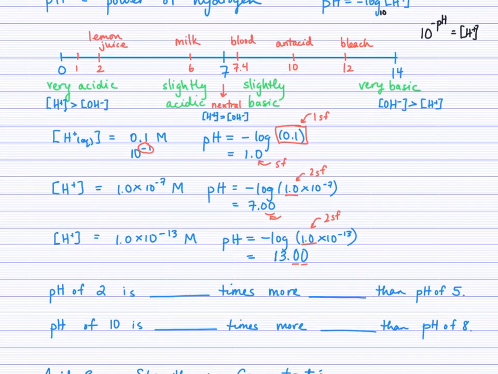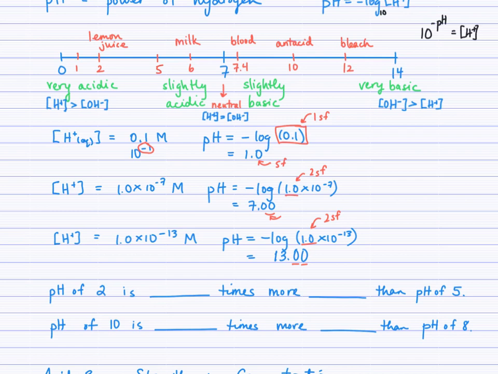Okay, one last point here about pH, and I'll try to keep my pH scale on the screen so we can refer to it easily. Looking to complete the blanks in these two statements at the bottom. A pH of 2 is how many times more either acidic or basic than a pH of 5? I'll just mark the pH of 5 here. You might think, well, from 2 to 5, that's 3 times.